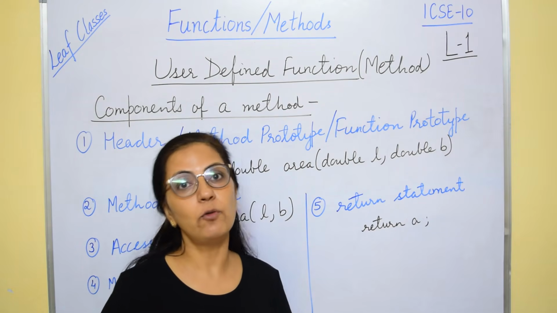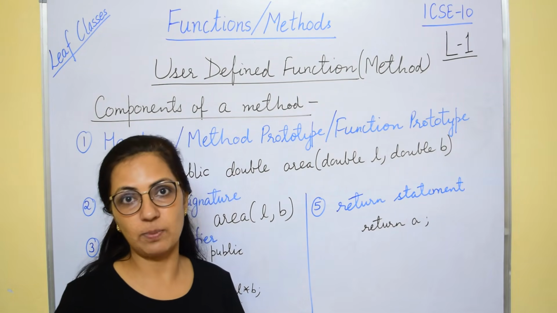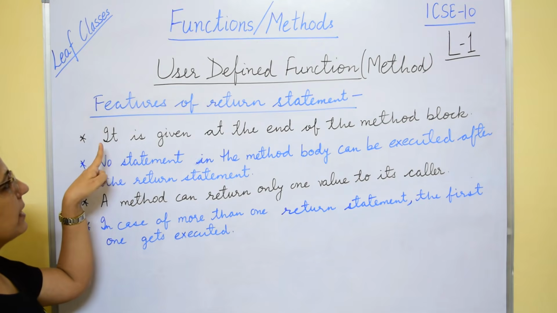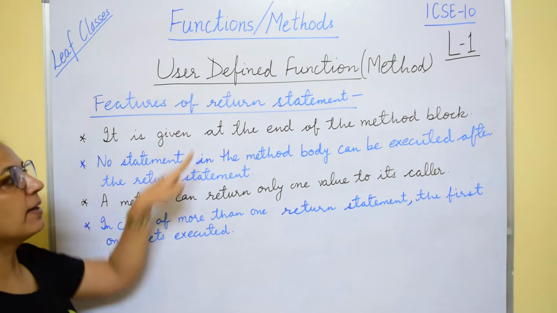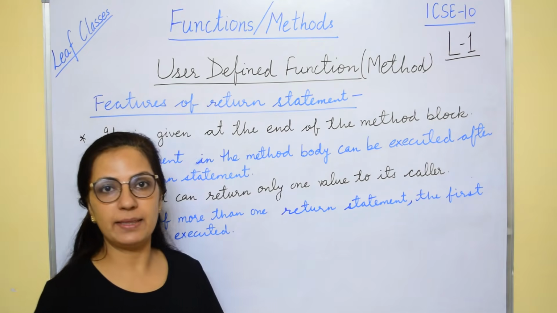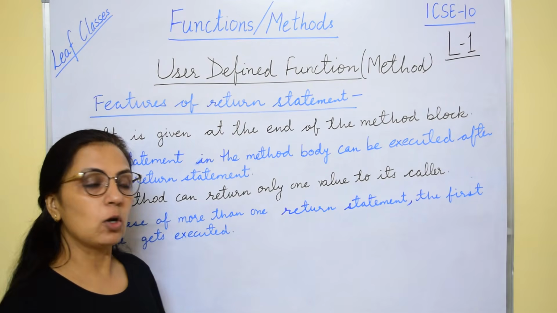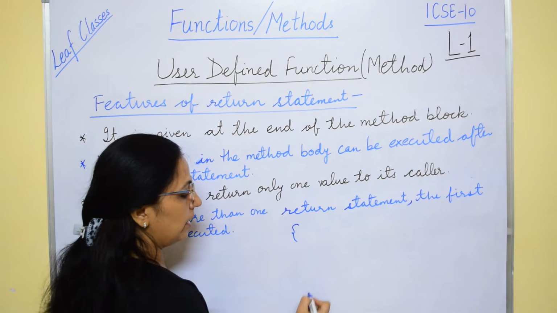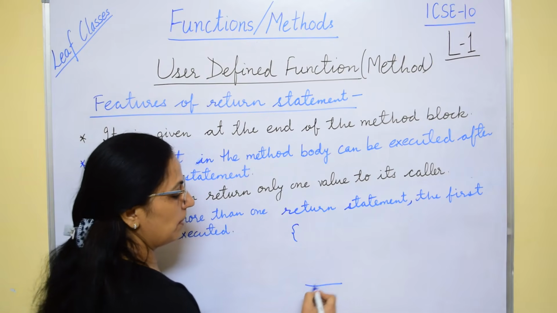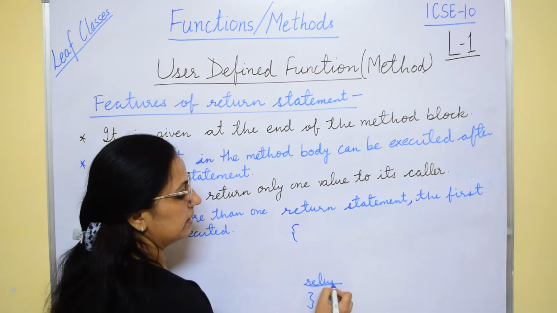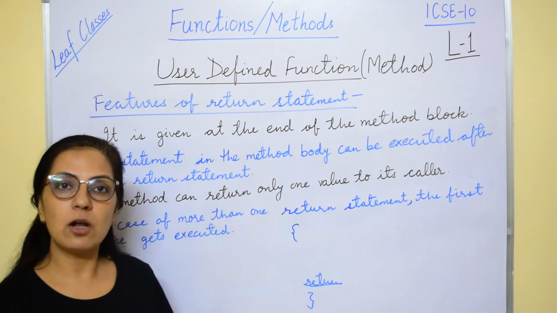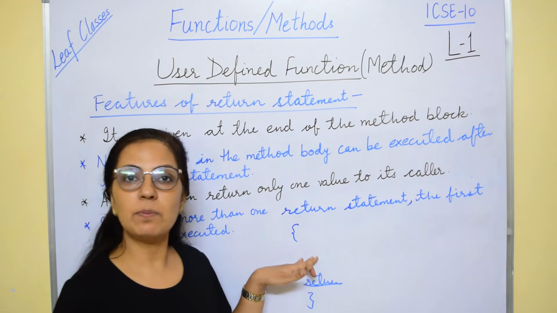Now we do a few features of the return statement. The features of return: first, it is given at the end of the method block. Where we close the block, there only the last statement should be the return statement. You cannot give the return statement in the beginning.